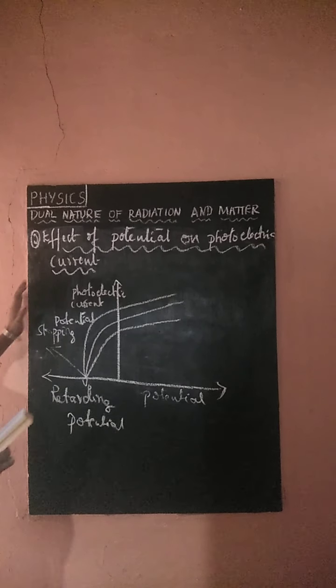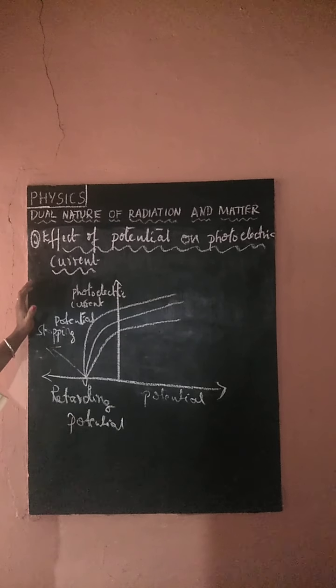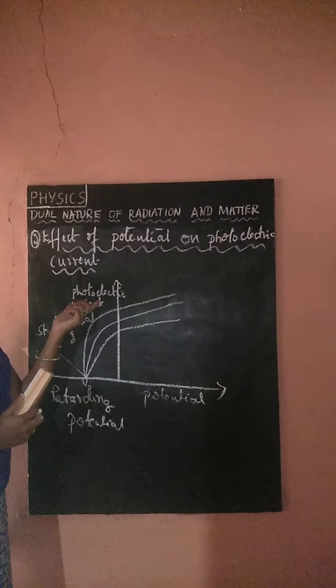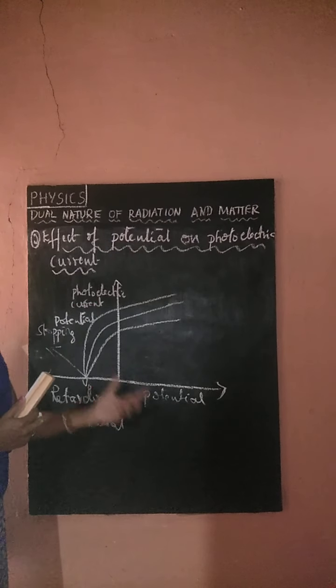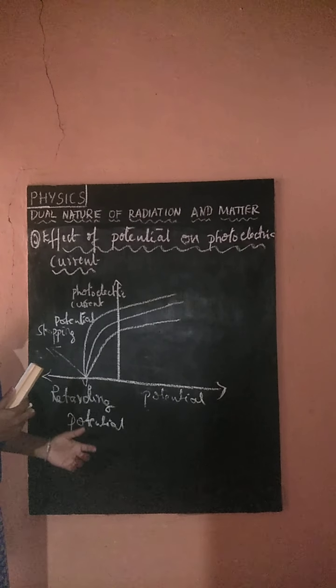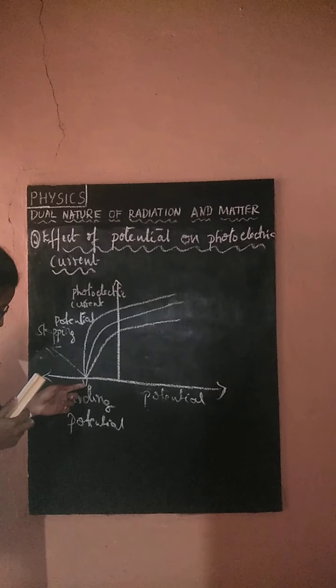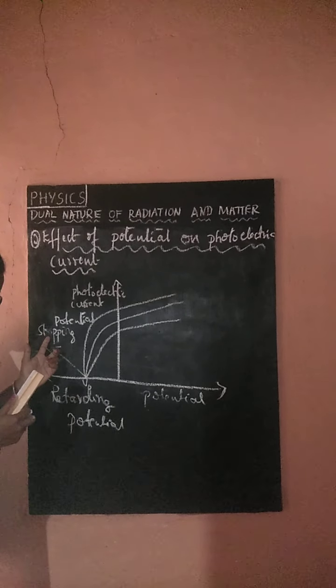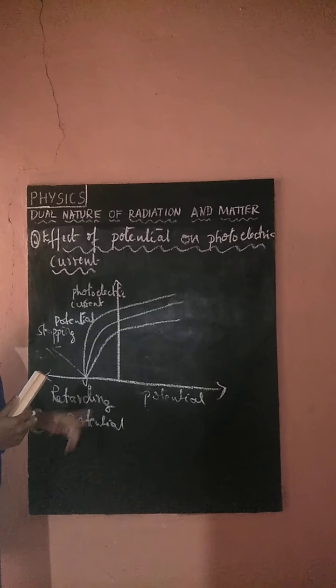Okay, this is the graph for the effect of potential on photoelectric current, photoelectric current versus potential. You can see here one point, that is V0. I have mentioned it as the stopping potential.